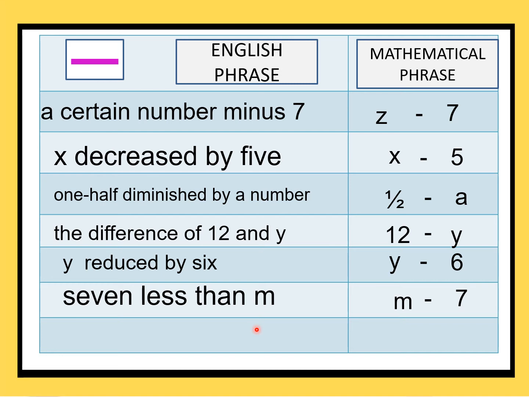Hindi siya pwedeng 7 minus M kasi yung 7 ang binawas sa M. Next is 5 subtracted from N. So, usually, ito, nagkakamali din tayo, nagiging siyang 5 minus N, wherein, ang ibig sabihin is 5 ay binawas sa N. So, pag sinulat natin as mathematical phrase, it will be N minus 5.